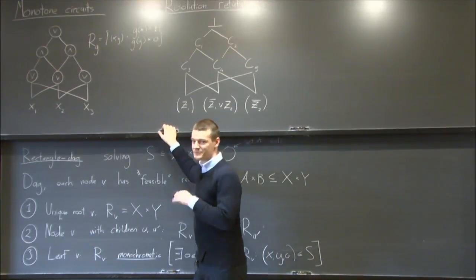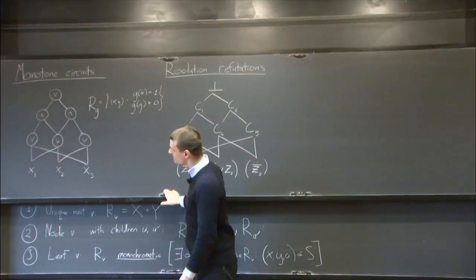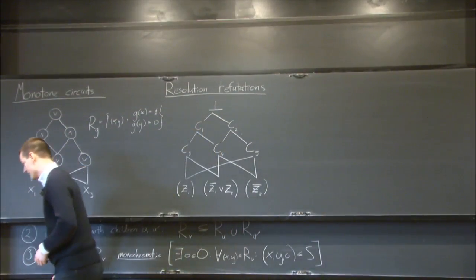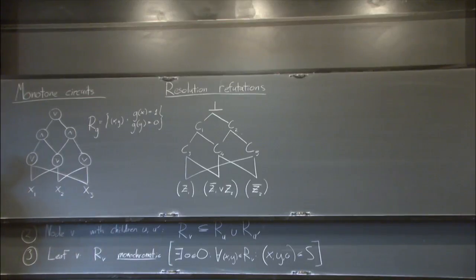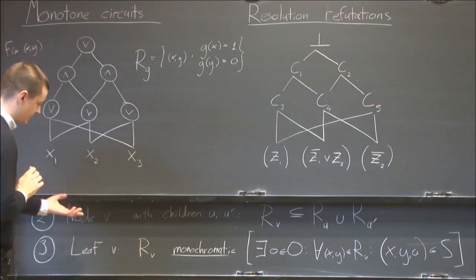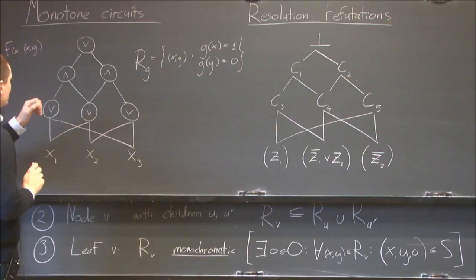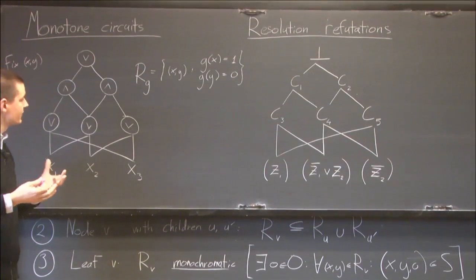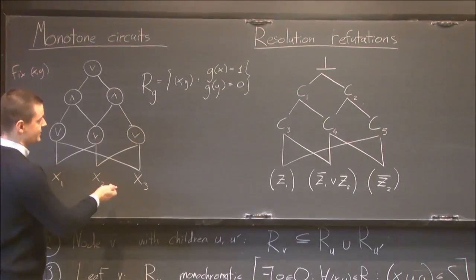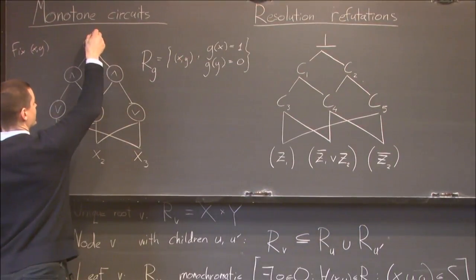So I'll give you one, and we'll spend a lot of time on this later. One operational meaning: if I fix an input, let's see in what sense this DAG is solving the search problem. Let me highlight all the nodes for which this input is feasible. The first condition said everything is feasible for the top node.